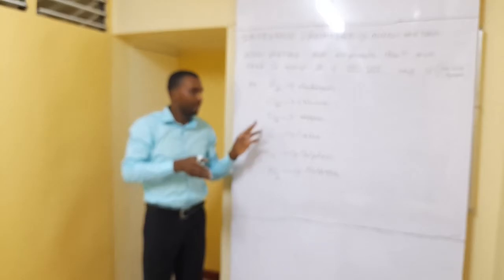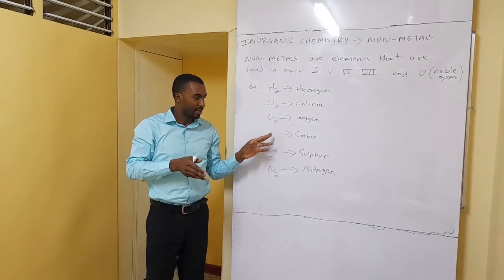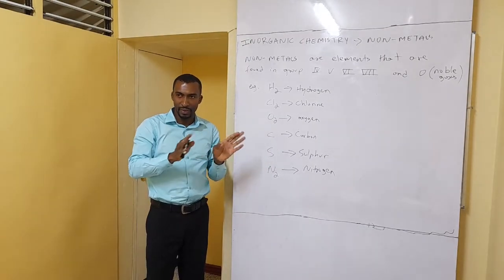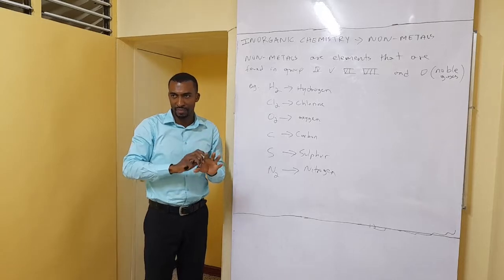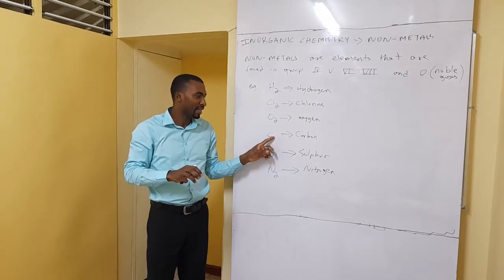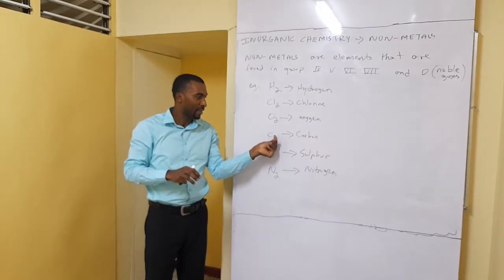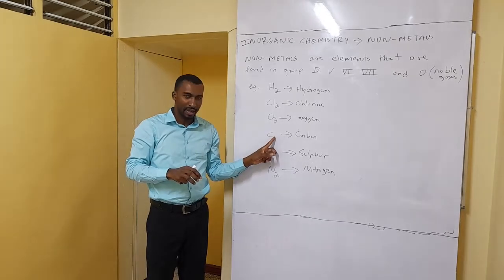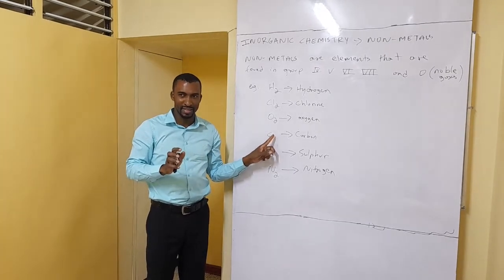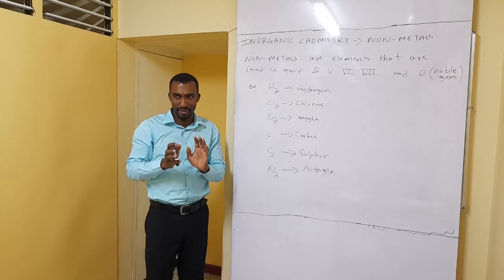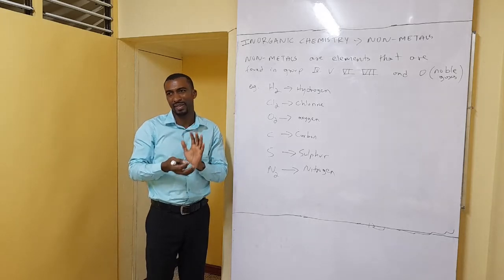And carbon, we would find as either graphite or diamond, but that's pure carbon, just carbon atoms bound together. So it's not really a diatomic molecule, and we don't want to put a subscript here because an unlimited amount of them can combine as graphite or diamond.